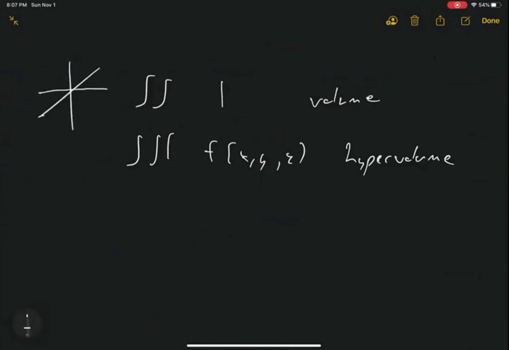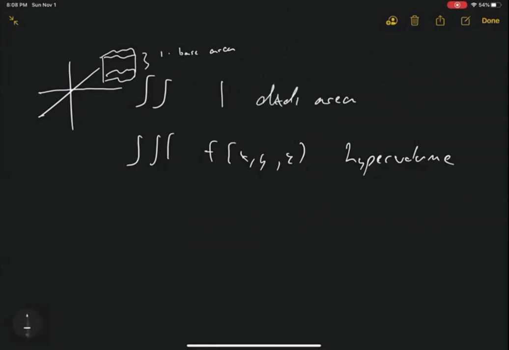If I'm integrating on this region, I'm just integrating the function 1, whatever the region is. The region has just a height of 1, so it's just like a cylinder, right? The volume of this cylinder is the height, which is 1, times the area of the base. So this volume will be the same as the area of the base.